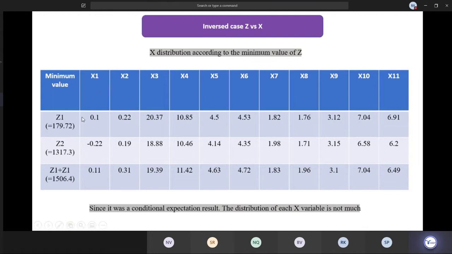For example, this result is a conditional expectation, so you can see the distribution is not that wide. Here, for example, in this case 20, 18 and 19, and for X7, 1.8 and 1.9, they are really distributed around each other because it is a conditional expectation result.